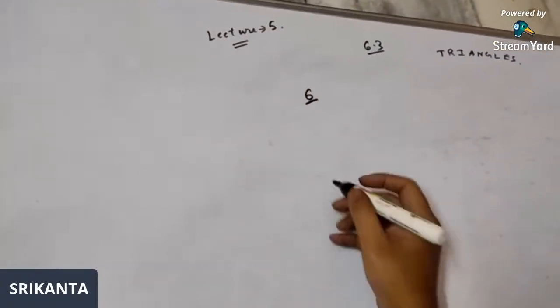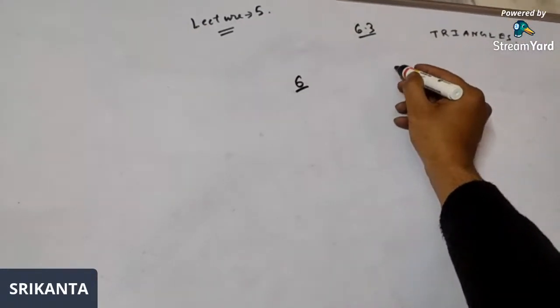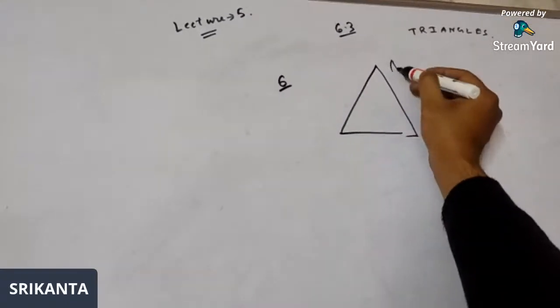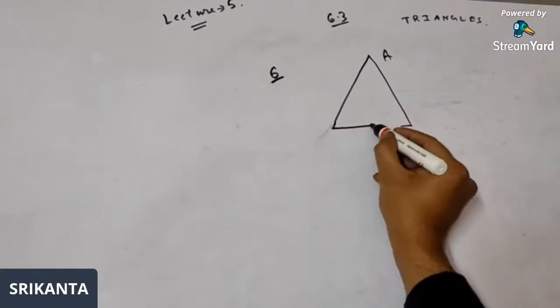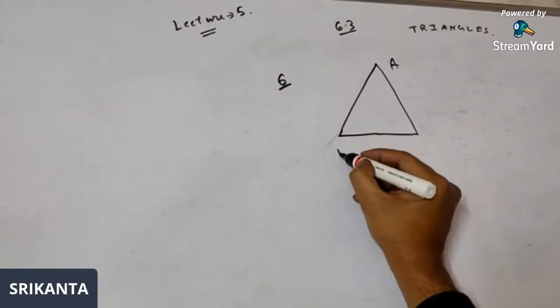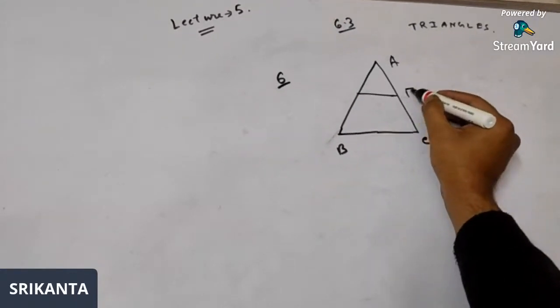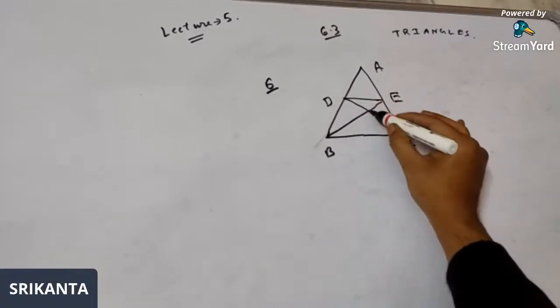Question number 6 says figure 6.37. So there is a figure. We have A, this is B, this is C, join, becomes E, this becomes D. They've joined this.